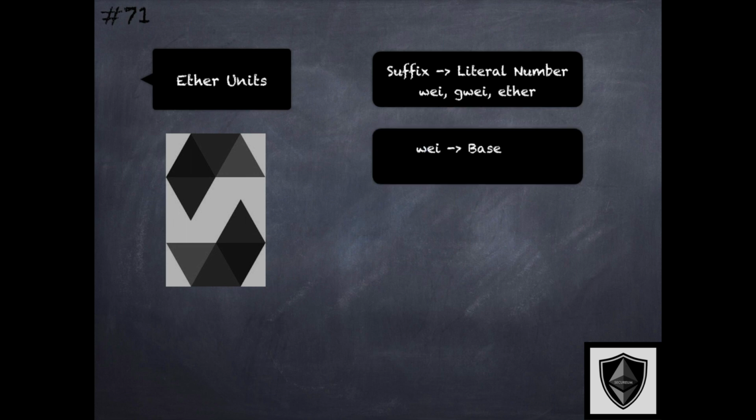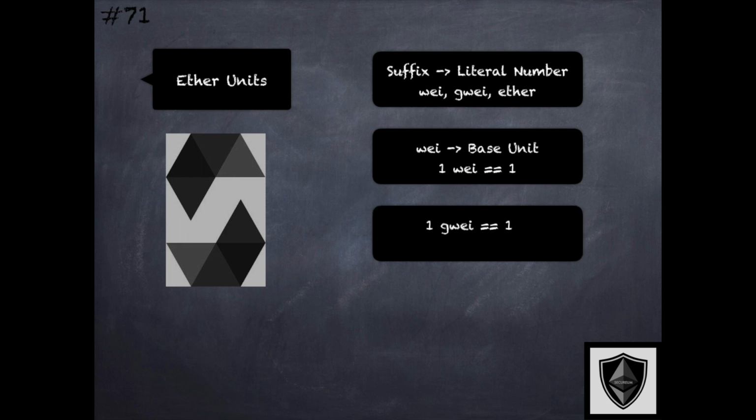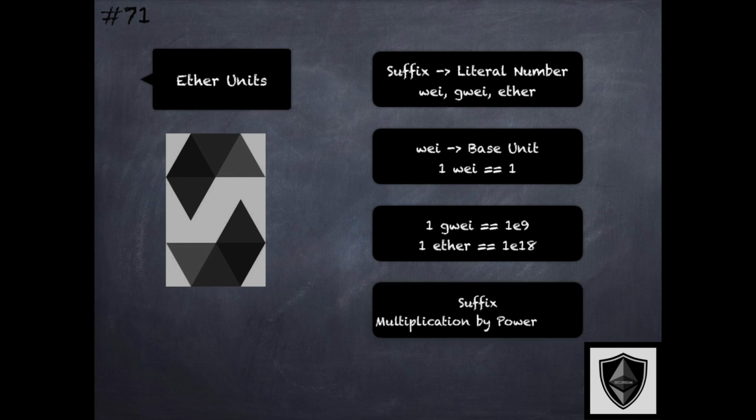These are used to specify subdenominations of ether, as we see here, which are used when contracts want to manipulate different denominations of ether in the context of the logic. And this is again something that you will encounter when you're looking at contracts manipulating ether units.